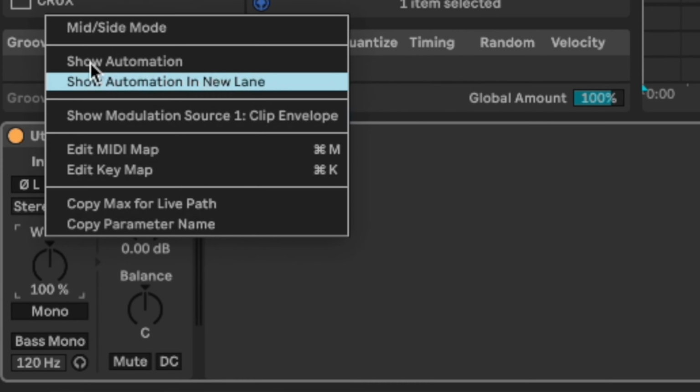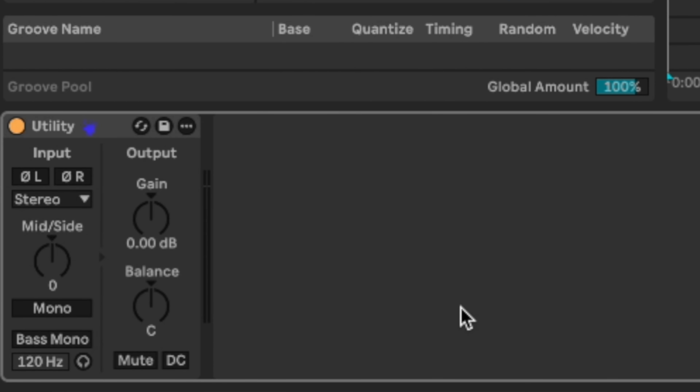The difference between width and mid-side mode is width is going to spread something out on the stereo spectrum. Mid-side is going to chop stuff out, so it's going to push it either to the middle or the side. These two are relatively in the middle. This one, we're going to push all the way out to the sides.